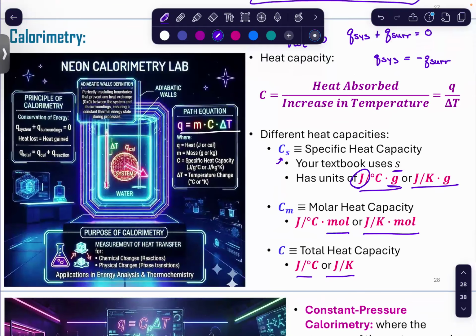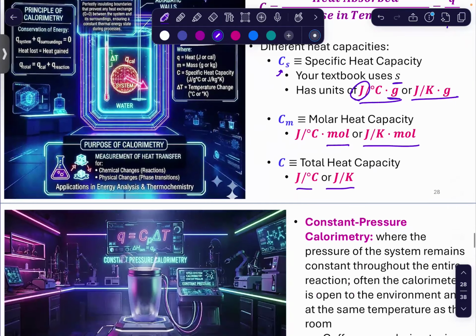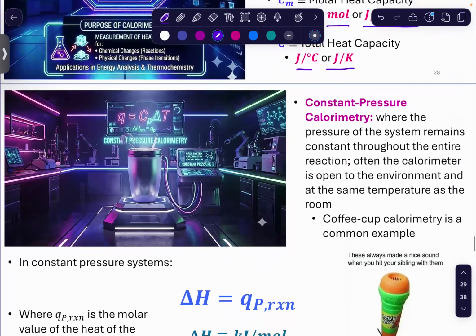And then your heat capacity is always going to be heat absorbed over the increase in temperature. So a lot of books, you'll see how much heat is needed to raise the temperature by 1 degree Celsius. Well, so it's like how much heat do you need per degree Celsius? That's a heat capacity. And each material has its own heat capacity.